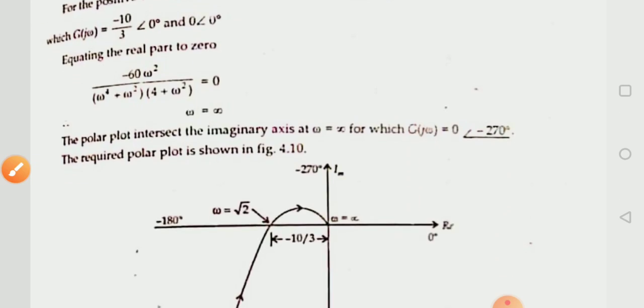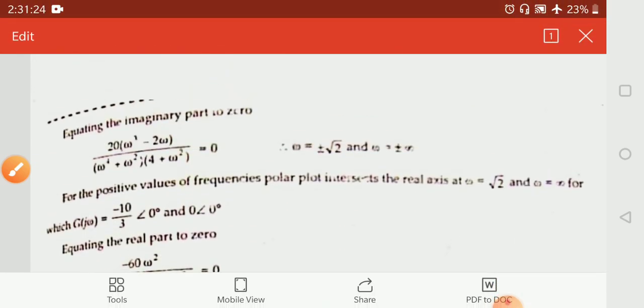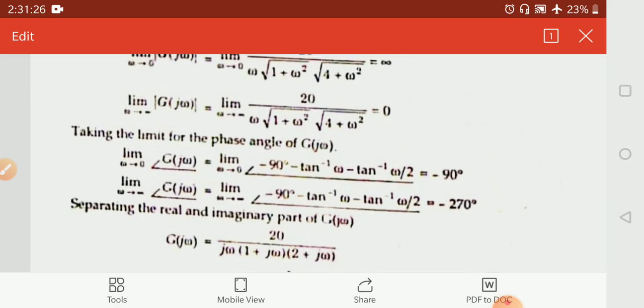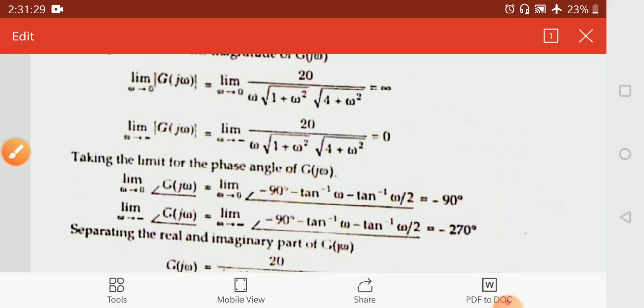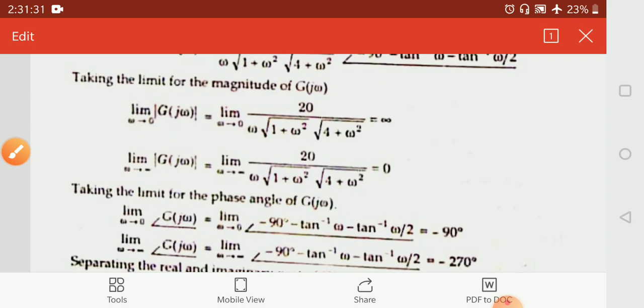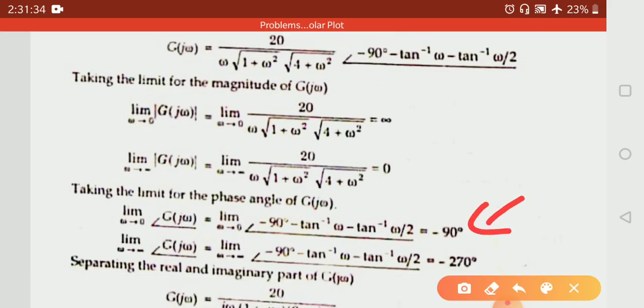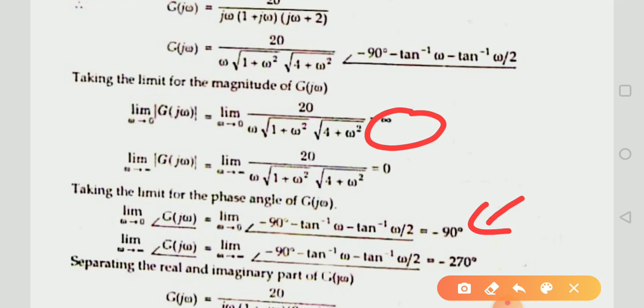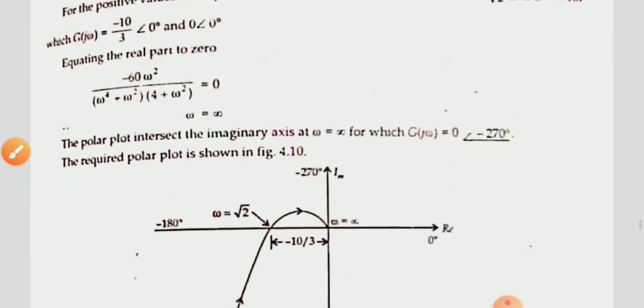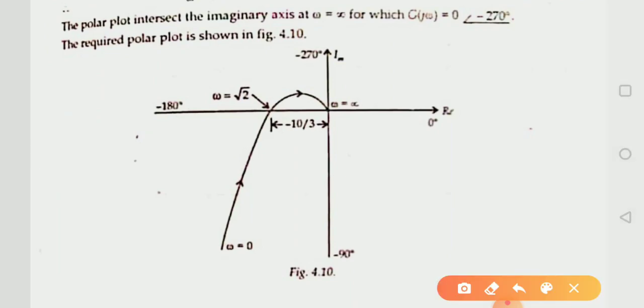Now we are plotting the polar plot for this. If we see here, at minus 90 degree the magnitude is infinity, and at minus 270 degree it is 0. So we have two angles, minus 90 and minus 270. So here we can see this is the minus 90 and this is the minus 270. At minus 90 the magnitude for this is infinity.